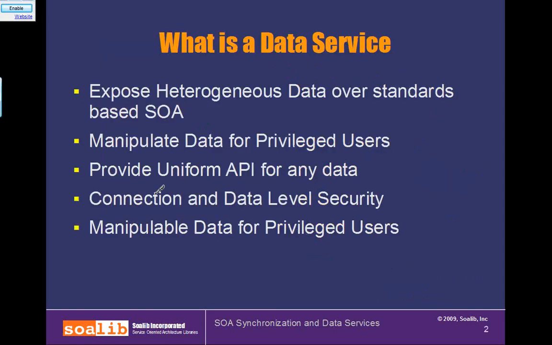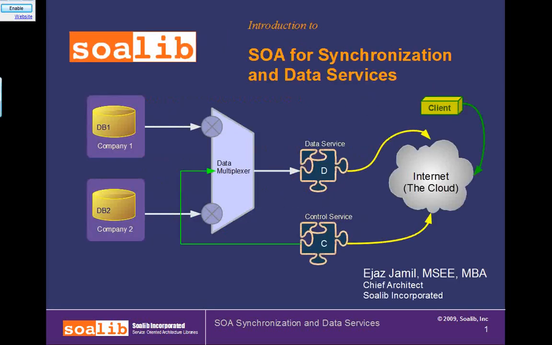Provide uniform API for any data. As you can see, the client only connects to a single data service and a single control service. So this API is a uniform API. It doesn't change for any particular data. It uses the same API for any kind of data.